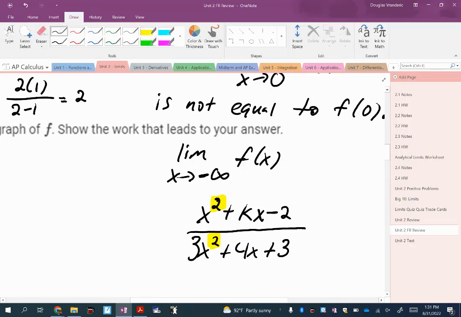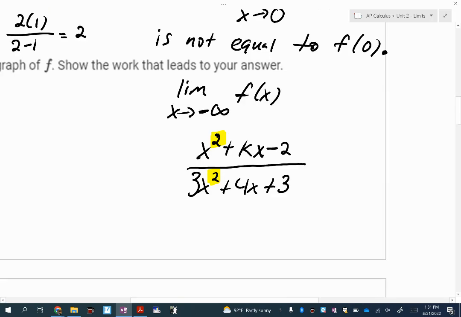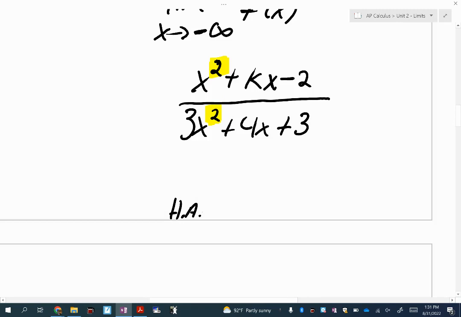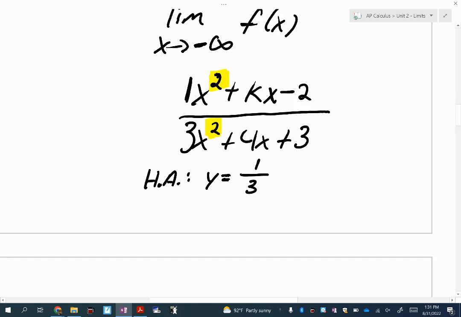To find a horizontal asymptote of a rational function with the degrees being the same, the horizontal asymptote is going to be y equals the leading coefficient of the top, which is a 1, over the leading coefficient of the bottom, which is a 3. So this horizontal asymptote would be 1/3.